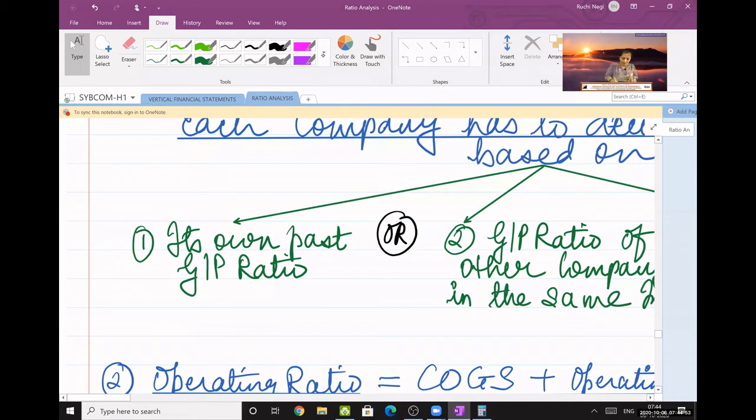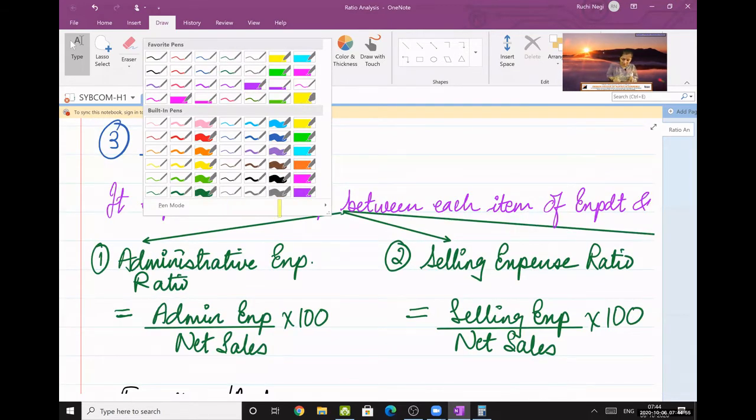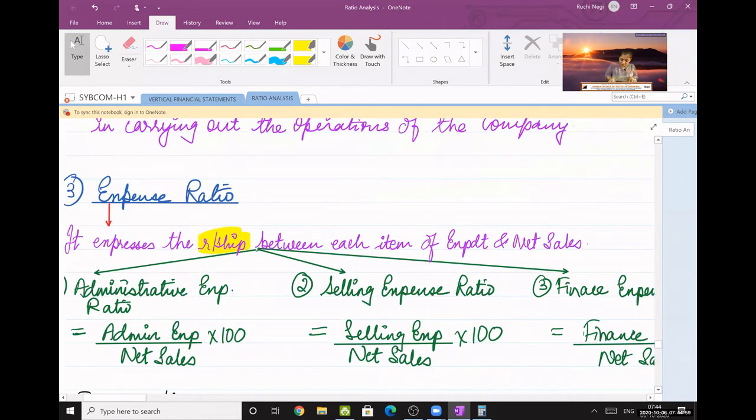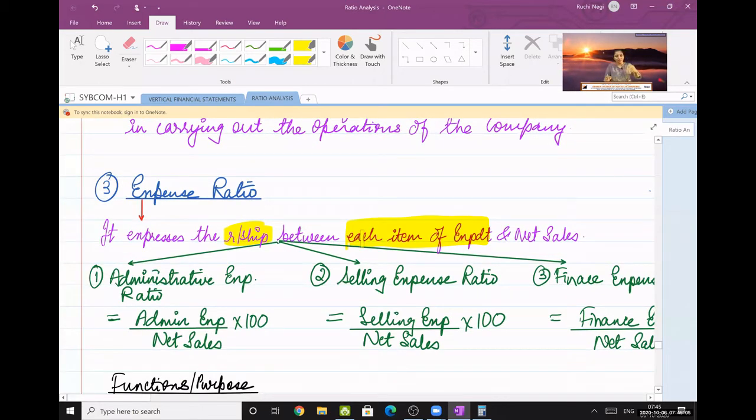It explains the relationship between each item of expenditure. What is this each item of expenditure? Means if it is admin, then admin. If it is selling, then it is only selling. And if it is financial expenses, then it is only financial expenses. Means your numerator will keep changing, but your denominator will be same, net sales.